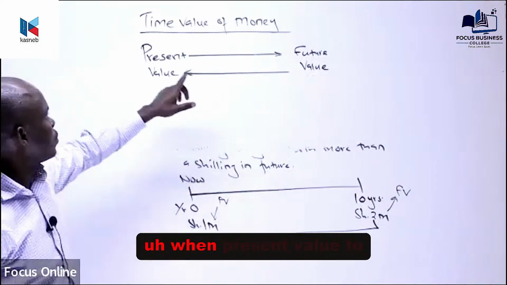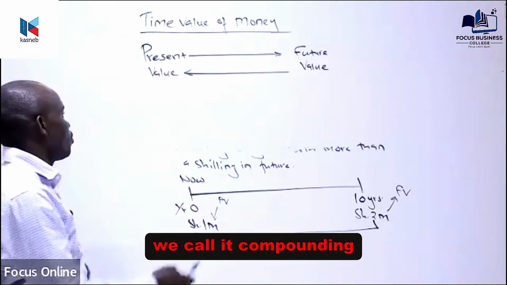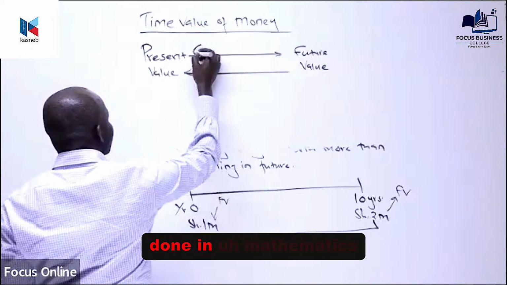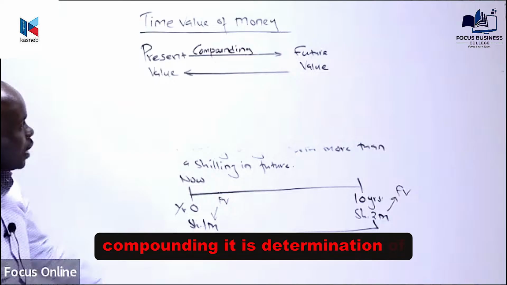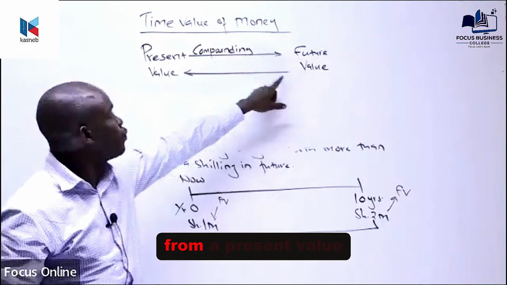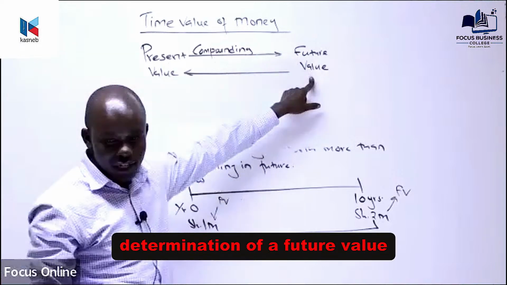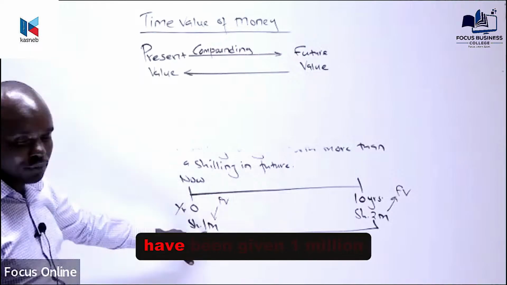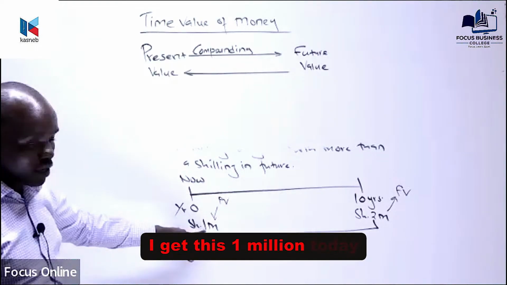When we are doing present value to future value, we call it compounding. This one you must have done in mathematics. Compounding is the determination of a future value from a present value. For example, in our example here, you have been given 1 million. If I get this 1 million today, I'm going to invest.